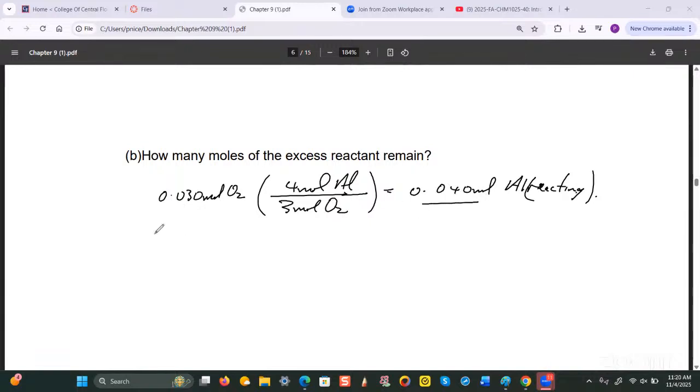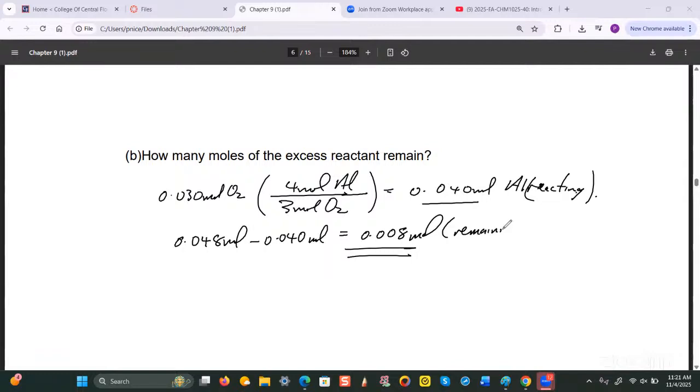So what's the original amount? 0.048 moles of aluminum, and you want to subtract from that the 0.040 moles. So the answer becomes 0.008 moles remaining. And that's how that is done.